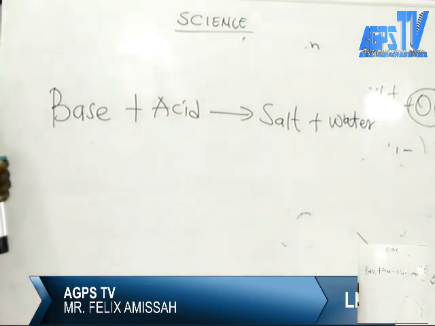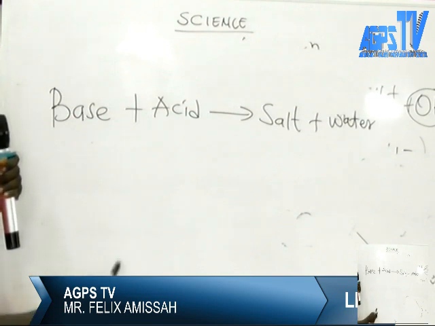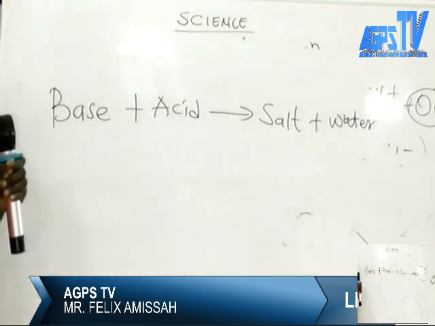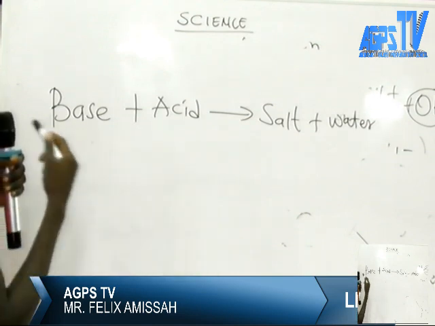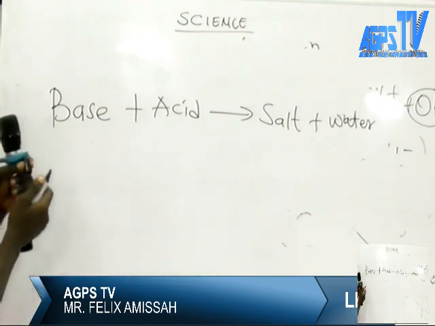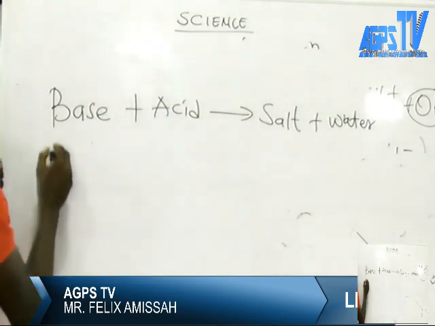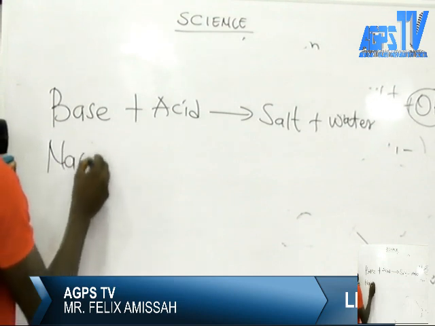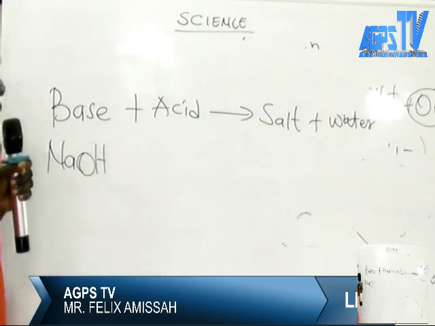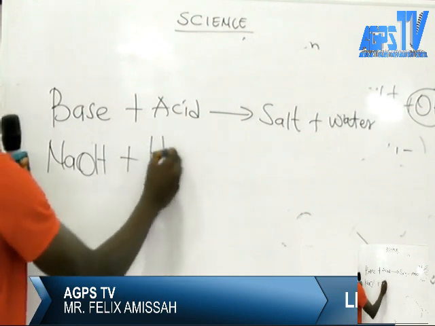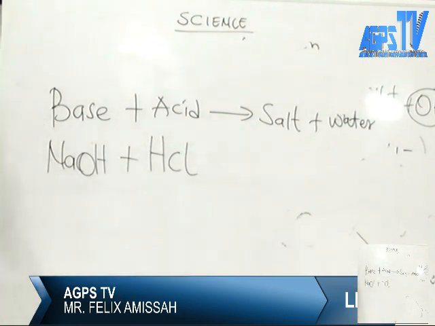So if a base reacts with an acid, automatically we will get salt and water. I want you to pay attention to this property. Now, for example, if you take sodium hydroxide plus hydrochloric acid, you can see it on the board.